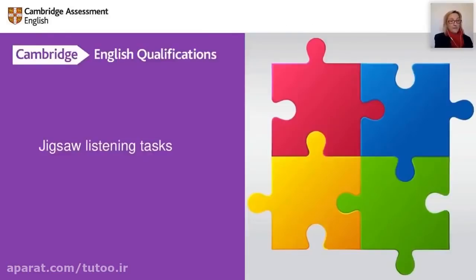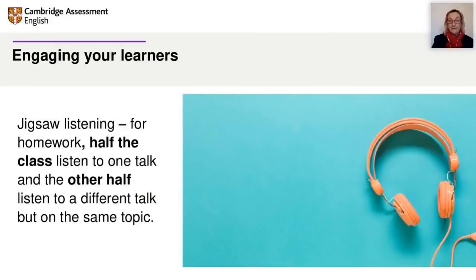Now, one little thing I wanted to mention, because many of you may have heard of Jigsaw reading tasks, but perhaps it's not so common to do Jigsaw listening. So I think it's a task which is worth considering. And basically, you get your students to listen to different tasks and come back together. So, for example, you have Group A and Group B, and Group A listen to one talk, and Group B listen to another talk.